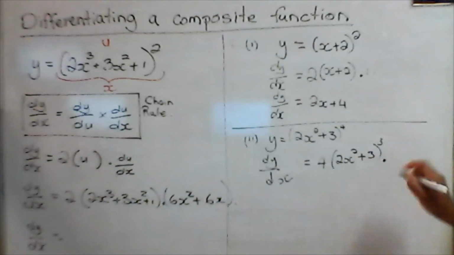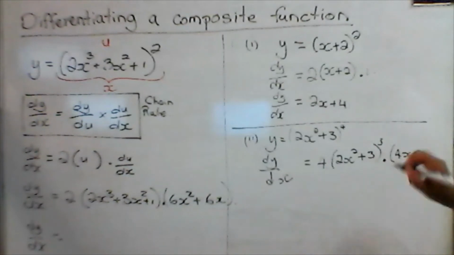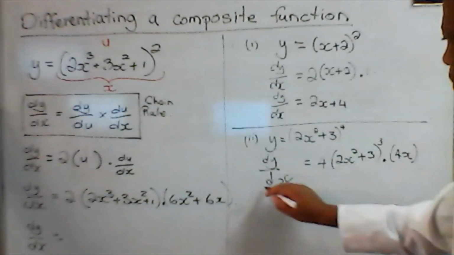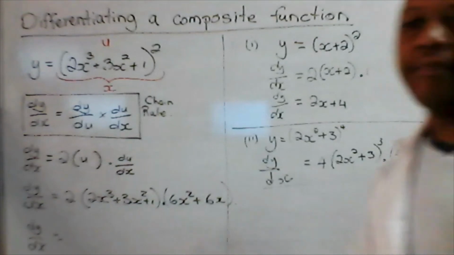The derivative of 2x squared becomes 4x, and the derivative of 3 is just 0. And this becomes your derivative of this composite function.